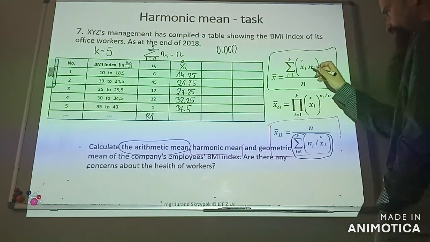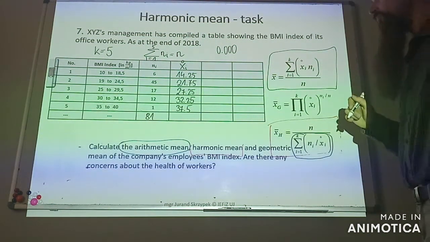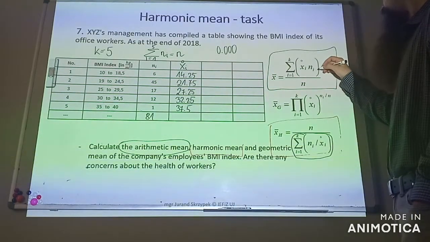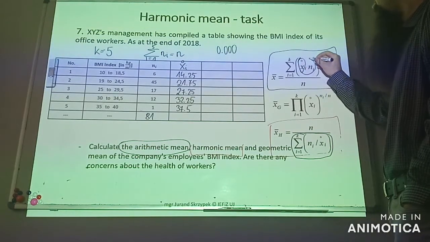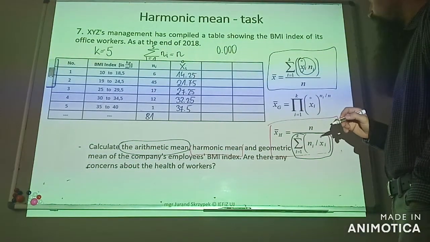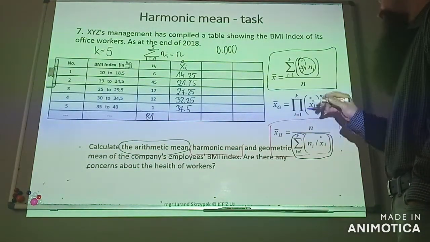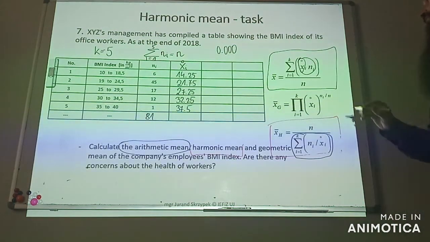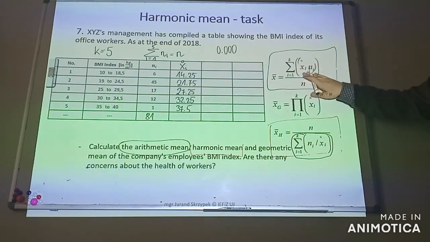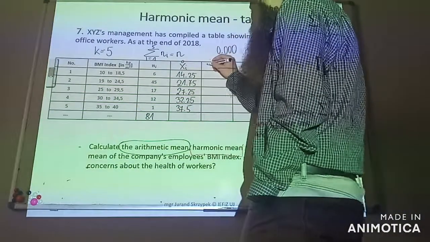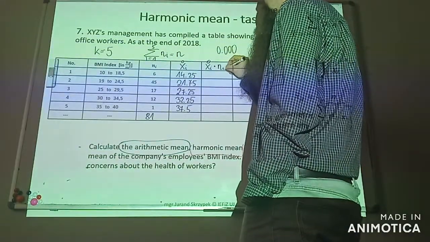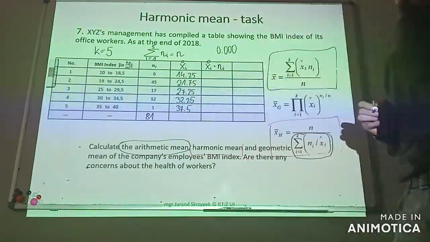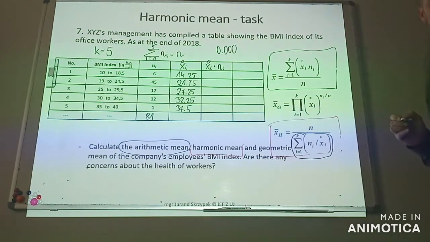We have done it, and in the second step, we need to compute the product of the middle of the classes and the frequencies. So we multiply xi with a circle by ni in each of the rows.